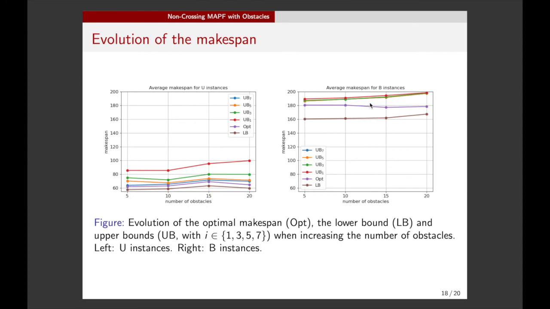And for the B instance, we can see that VNS doesn't improve much the upper bound, whatever the value of Kmax is. But the optimal solution is much smaller than the upper bound. It means that we need to use more non-shortest paths to improve the solution for B instance.